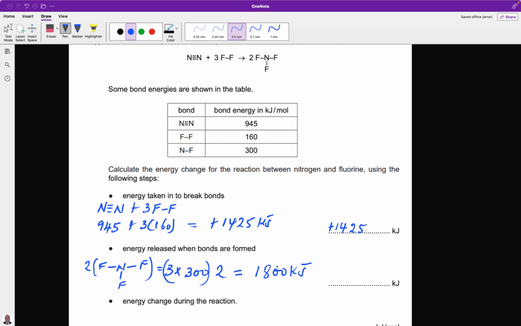But remember that energy is released when bonds are formed. That is exothermic, so our answer will be minus 1800.